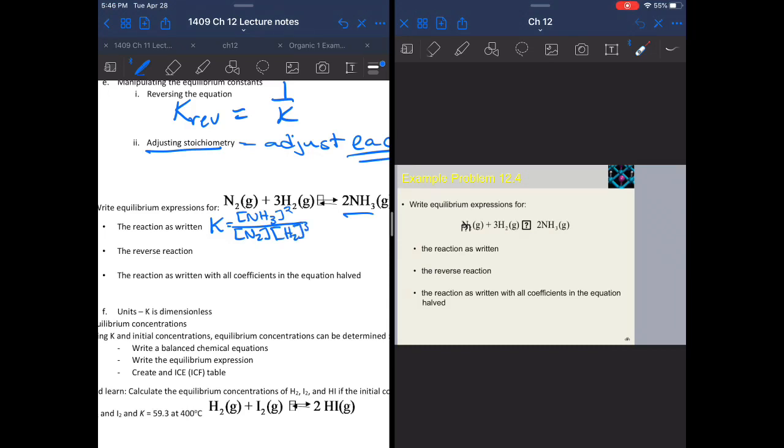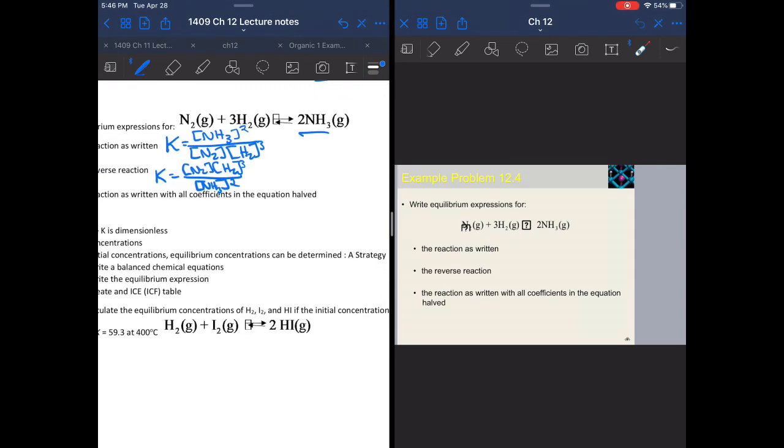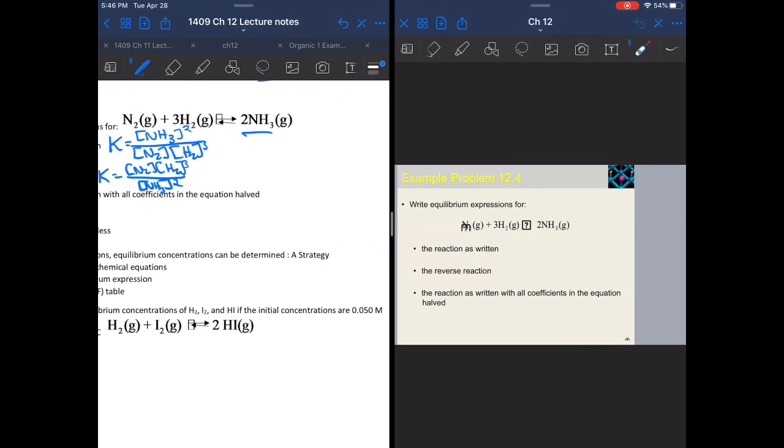Now the reverse reaction is just going to be the flip of that. It would be N2 times H2 cubed, all divided by ammonia squared. If we wanted to write it with all of the coefficients in the equation halved, we would just adjust all of our exponents.